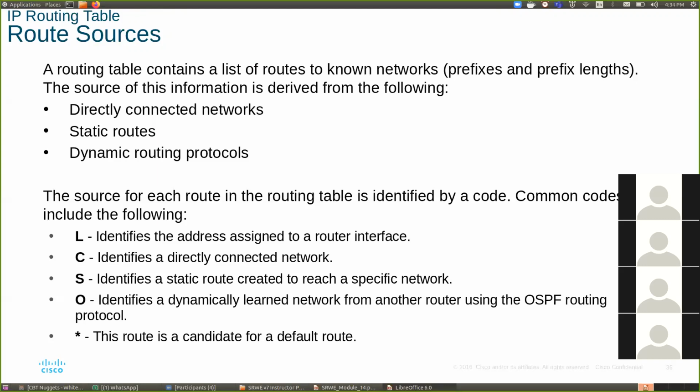If you see S, it means a static route. And O identifies dynamically learned networks from another router using OSPF. We'll talk about OSPF. OSPF is a dynamic routing protocol, and it stands for Open Shortest Path First. If you see a star, that means the route is a candidate for the default route.